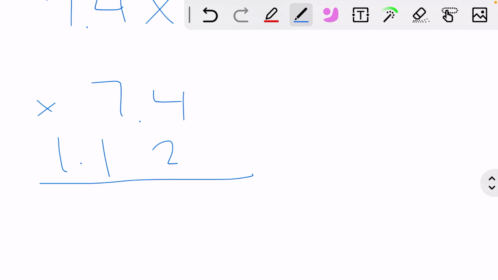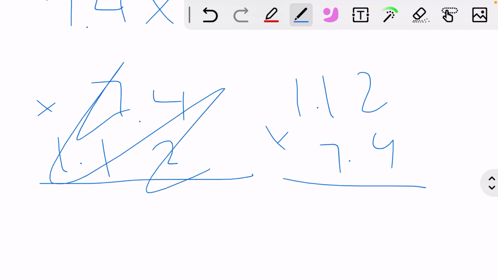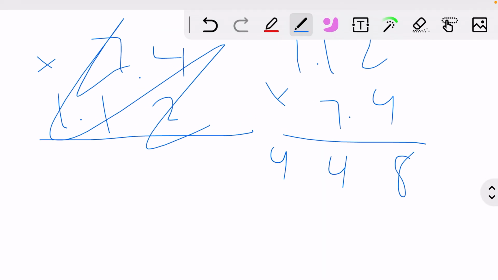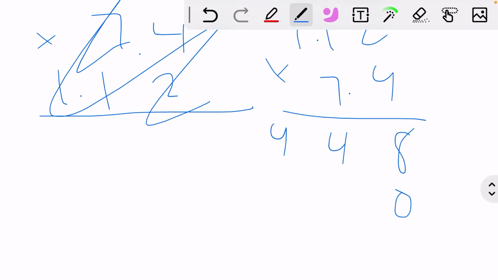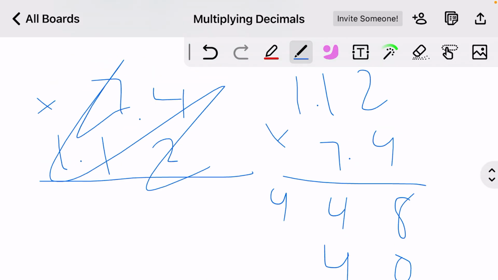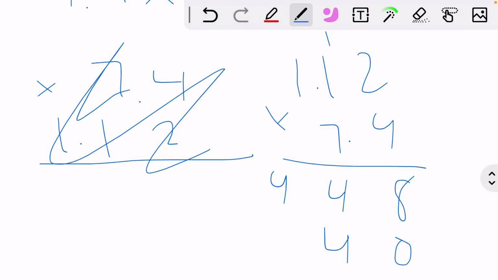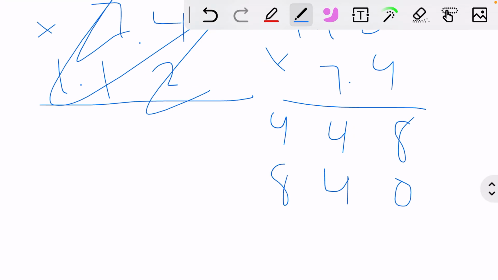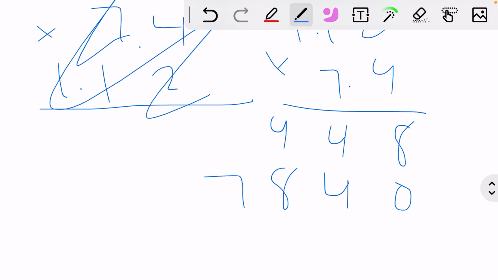So 4 times 2 is 8. And 4 times 1 is going to be 4. And 4 times 1 again is going to be 4. And we'll put our 0 right here, and go through with the rest of this multiplication. 7 times 2 is going to be 14. 7 times 1 is going to be 7, and then 7 times 1 is 7.